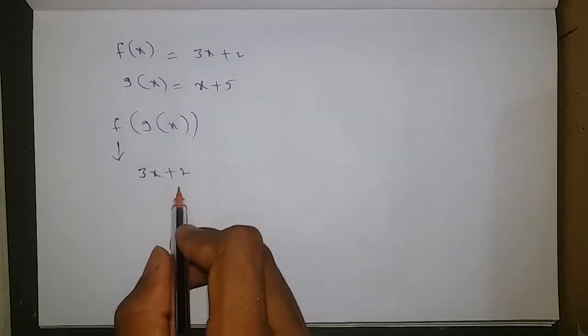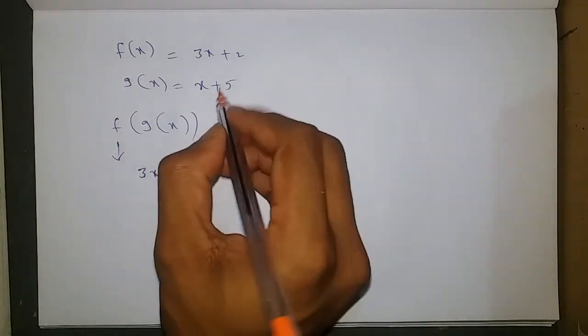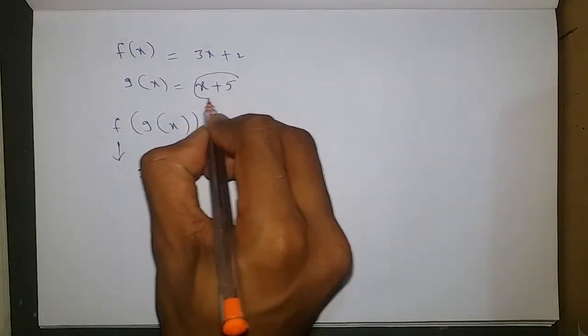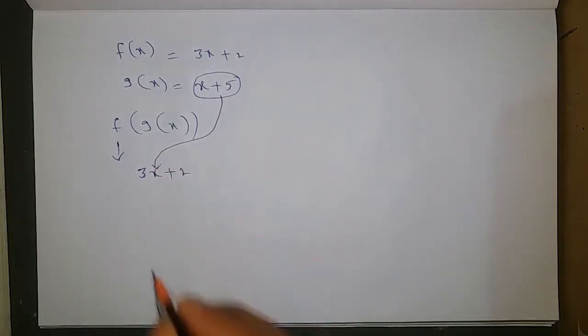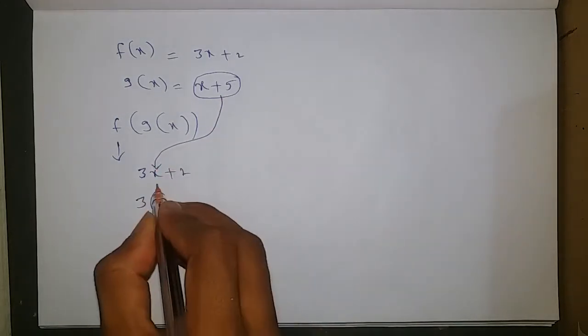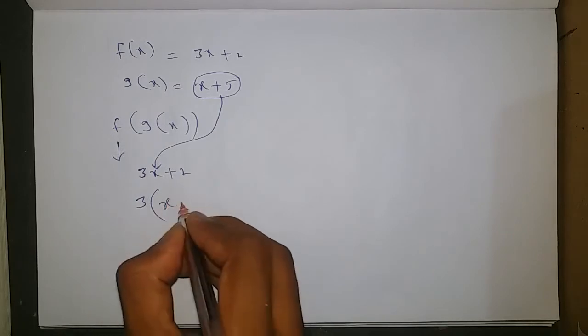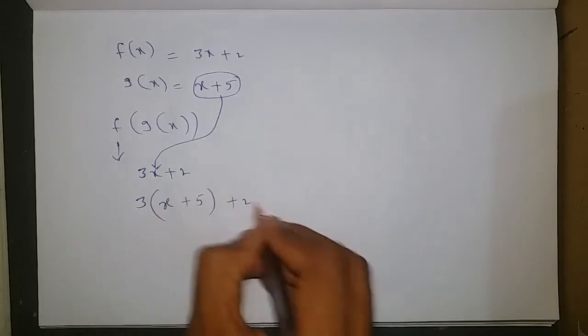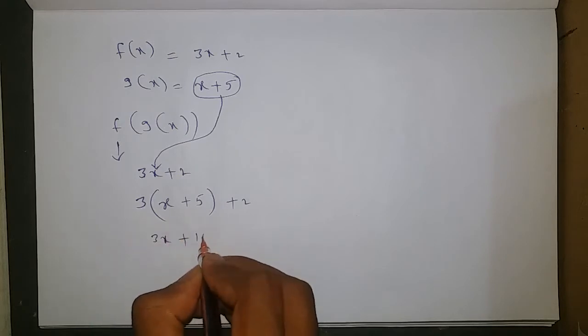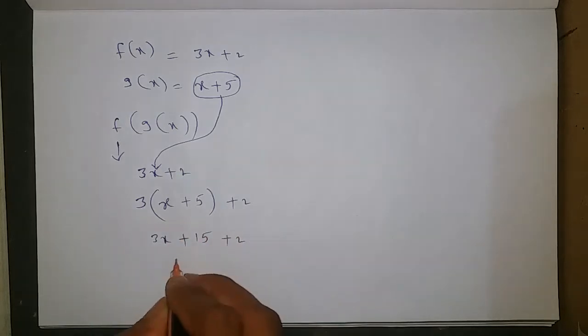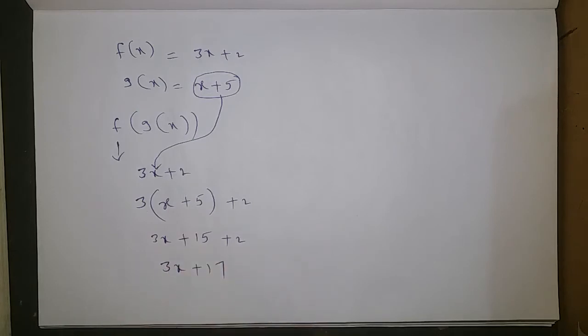Now in this we need to substitute g. So this total x plus 5 we need to substitute in the place of x. 3 as it is into in the place of x, x plus 5 plus 2 as it is. 3 into x, 3x plus 3 into 5, 15 plus 2. So we will get 3x plus 17.